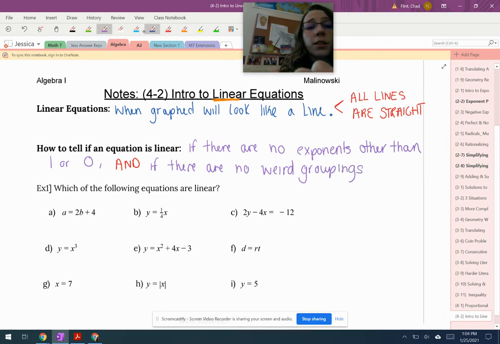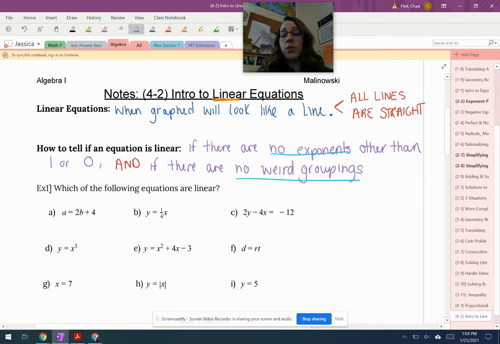So two main things that you want to focus on: no exponents other than 1 or 0, and no weird groupings. No exponents, no weird groupings.